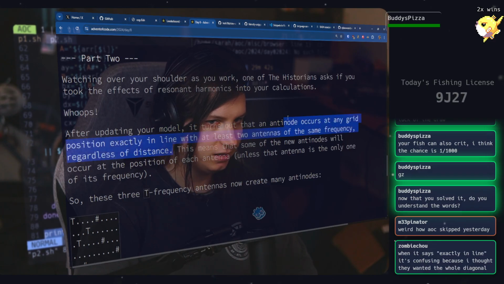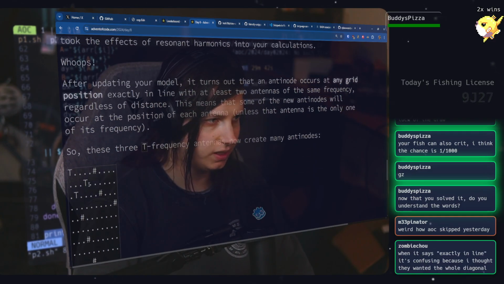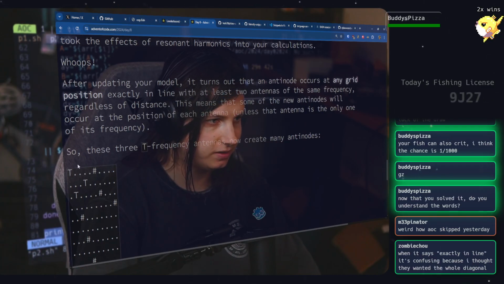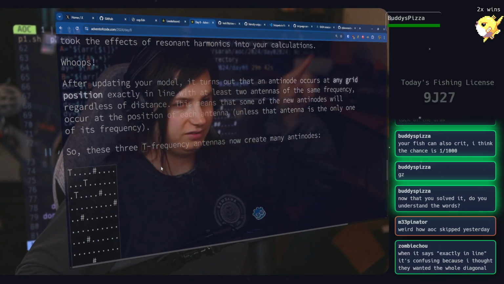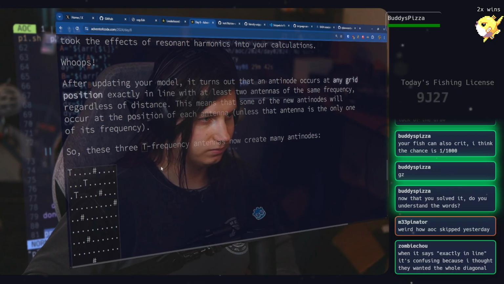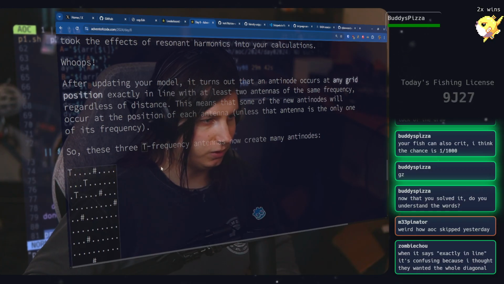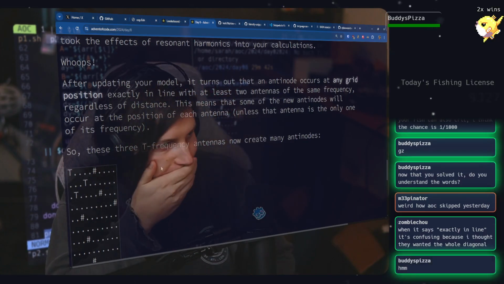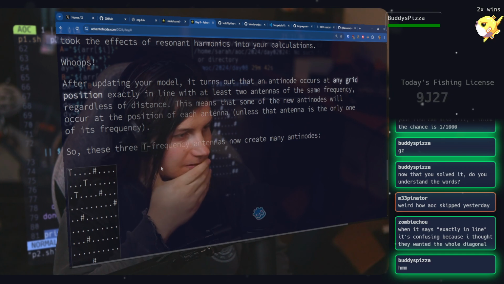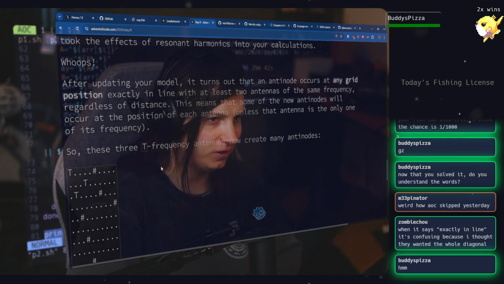Yeah, that's what I'm thinking. Like this doesn't specify that they're spaced out. It just specifies that they're a full line. But also that would be really hard to do, because then you need like a line drawing algorithm.